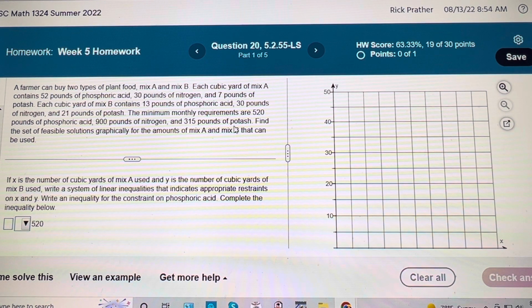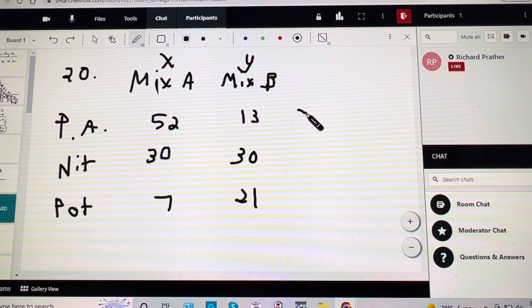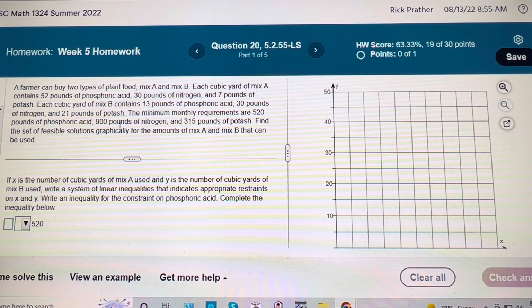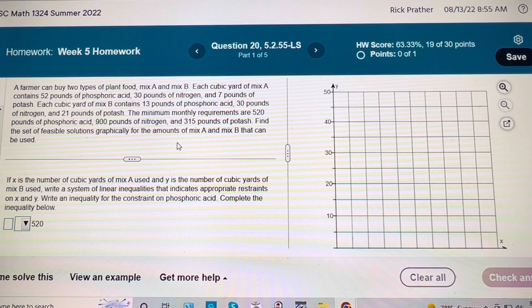Minimum means you have to do at least that much. And remember, at least means greater than or equal to. So we're greater than or equal to 520. We're greater than or equal to 900. And greater than or equal to 315.